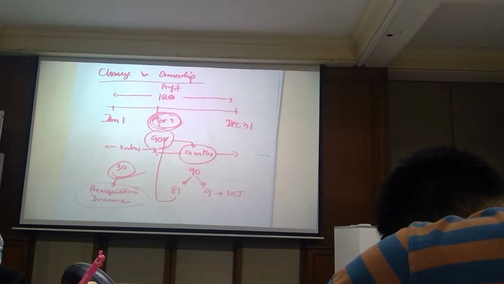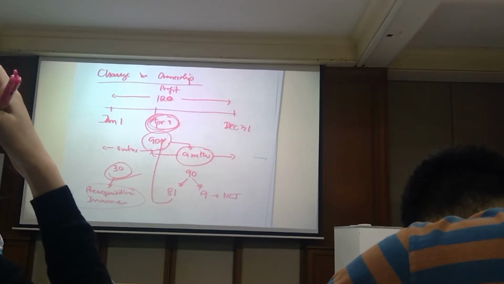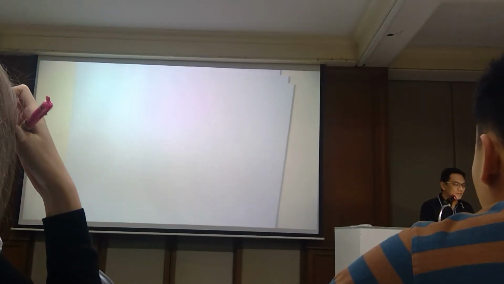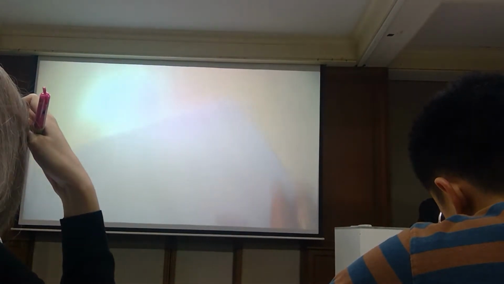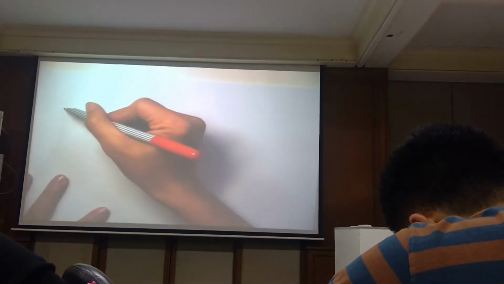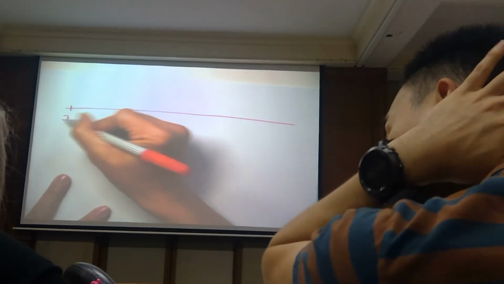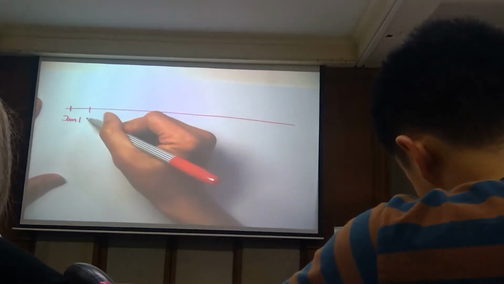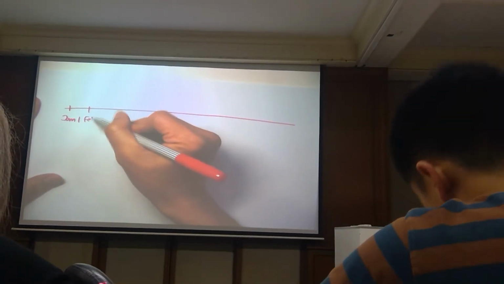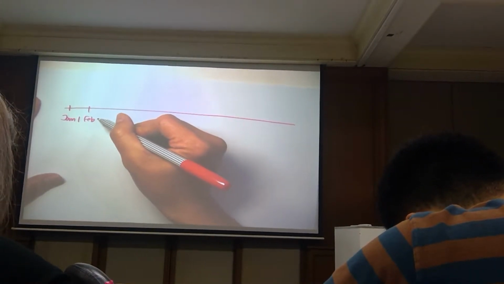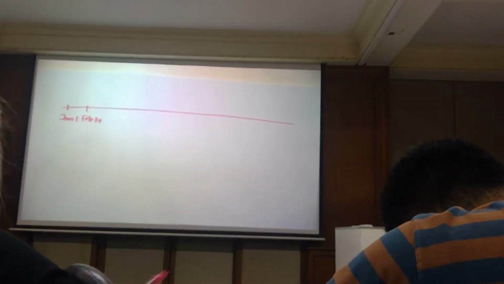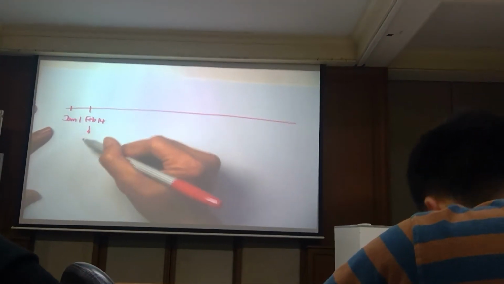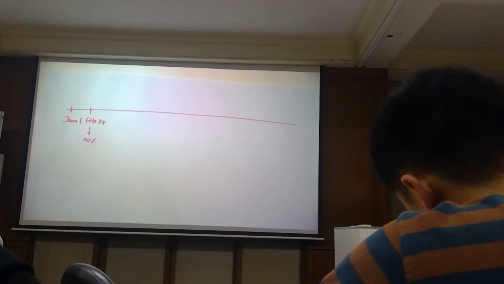The second case that we need to take a look at is the series of stock purchases. So like this. On January 1st, or actually it can be on February 14, okay, Valentine's Day, you buy for like 10% of the common stock.